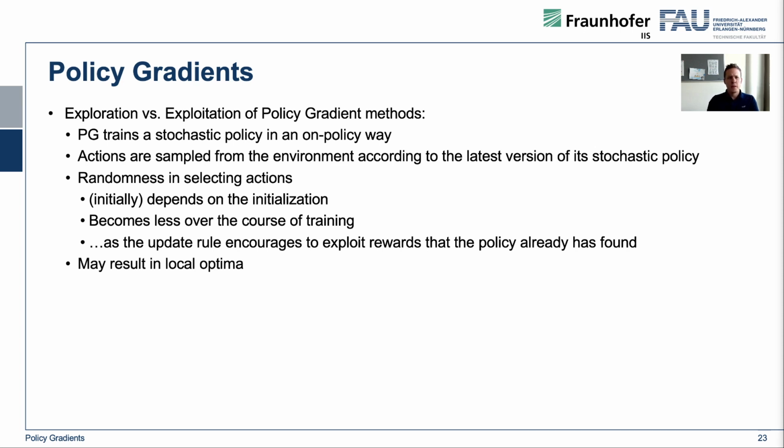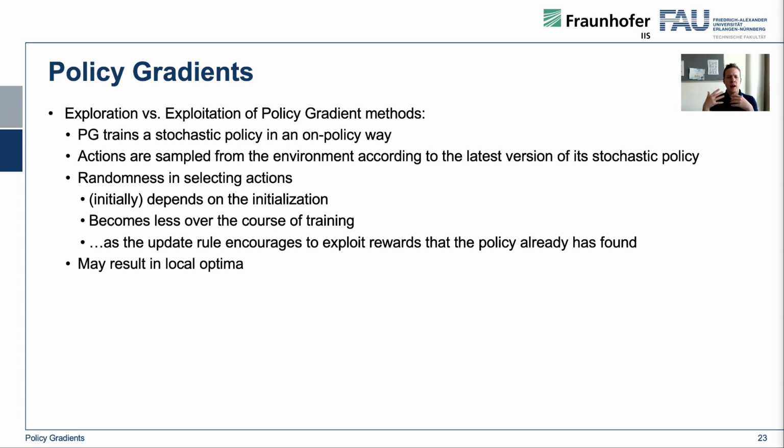This means the actions that we sample are according to the latest version, and we implicitly have randomness in the selected actions, because we start from some initialization of our policy. This randomness becomes less over the course of training, because we get more information and keep on increasing the probability of good actions, meaning our probability distributions become sharper.